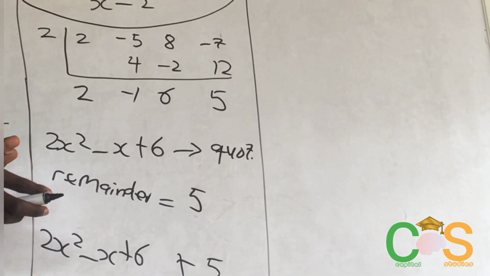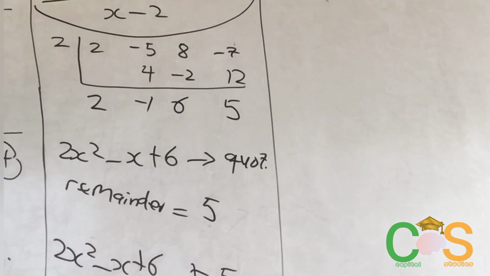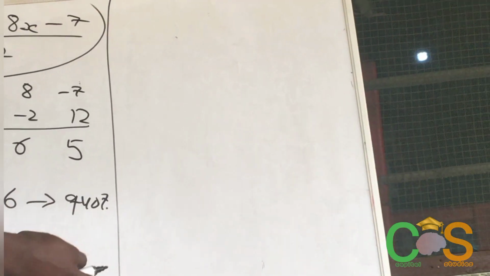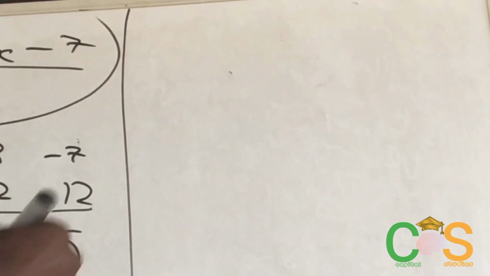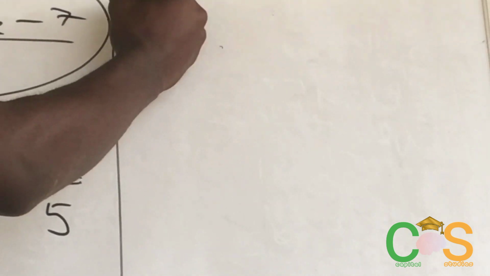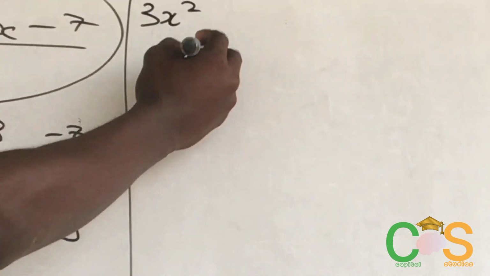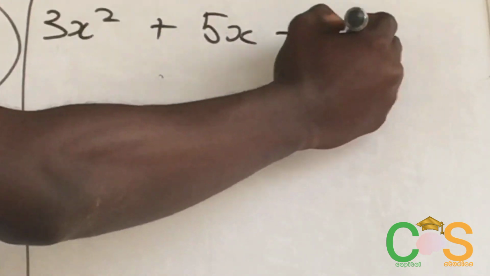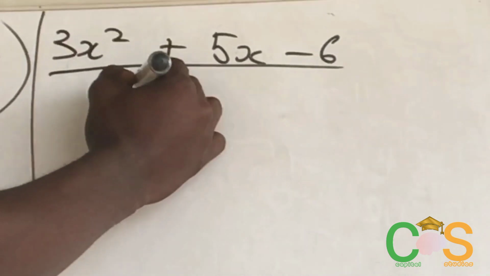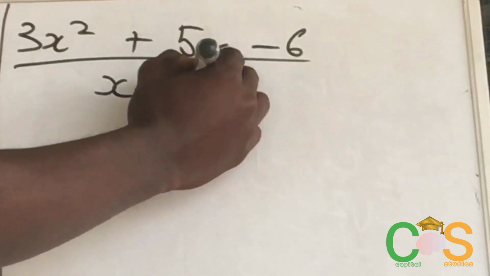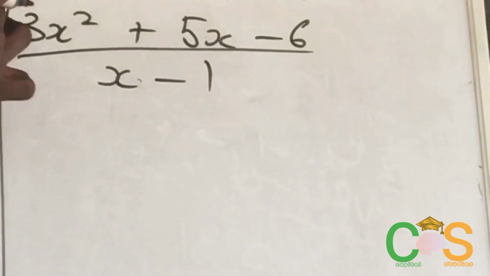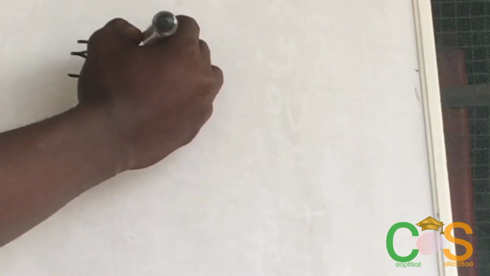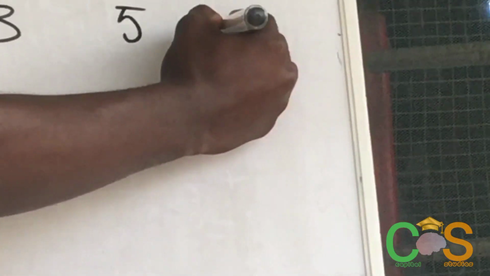It's a very simple method, and you just need to be fast with your addition and your multiplication. Let's take one final example to make this concept very clear: 3x squared plus 5x minus 6 divided by x minus 1. Realize that the maximum power is positive 2.